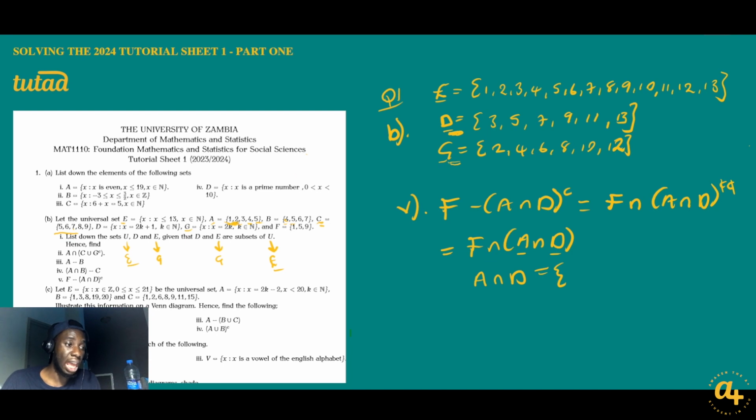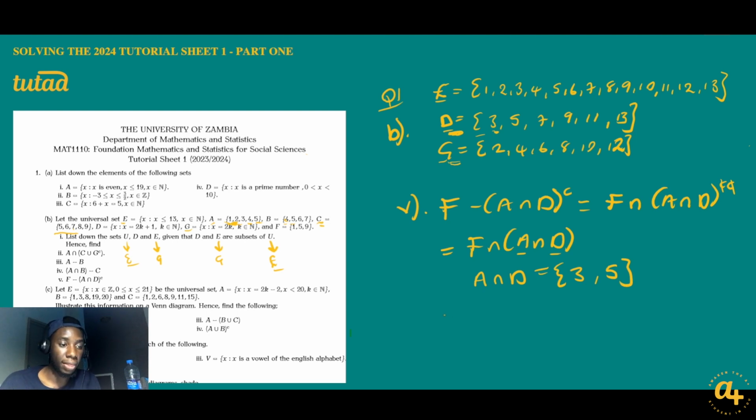Okay, in set A we have 2, set D over here we have no 2, but we have 3 in set A. We also have 3 in set D, so we're going to write 3 there. What else do we have? 5 is actually common in both sets, so 5 is there. That means that our A intersection D is going to be 3 and 5.